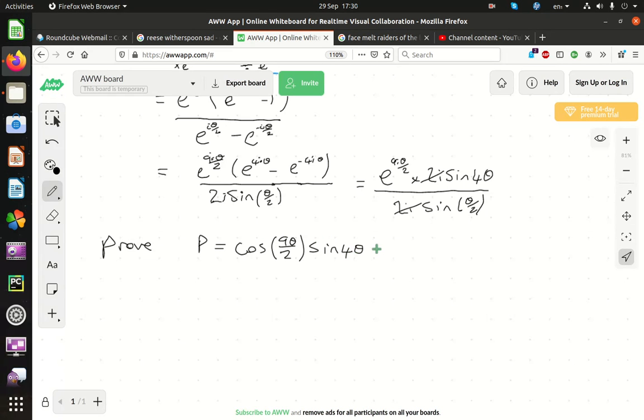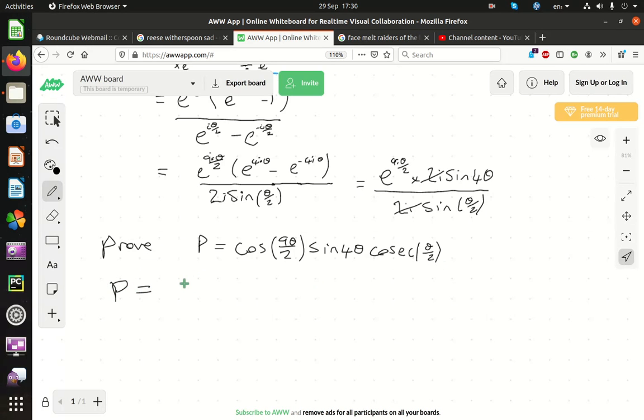Yeah, and this looks far more difficult than it actually is. Some of you may be able to spot straight away that this is very similar to that answer. We've got the sine 4 theta there. We've got the cosec theta over 2 there, because timesing by cosec theta over 2 is the same as dividing by sine theta over 2. Yeah, so we're going to prove that. We're going to do the same thing for Q and so on and so forth.